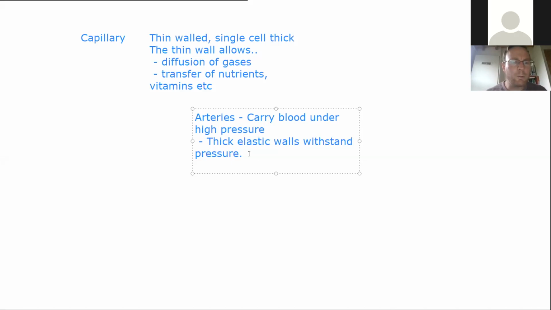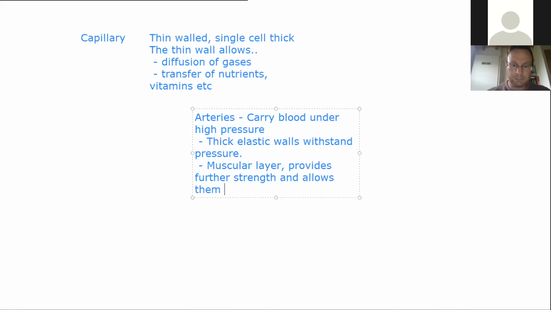What else did they have in their walls? They have a muscular layer. Yeah, absolutely.